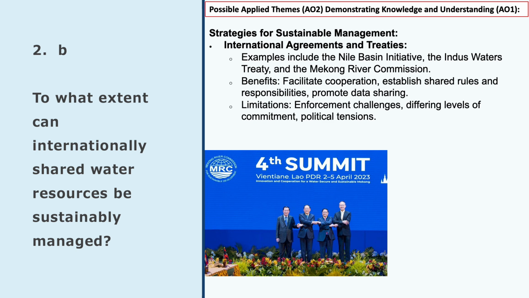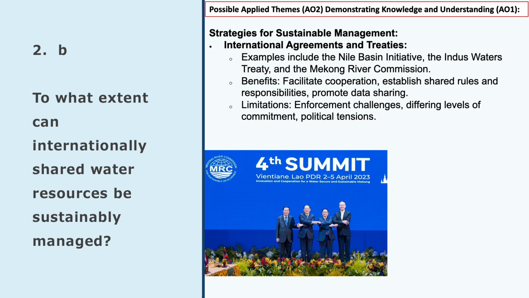Maybe Vietnam has a lot of stake in these discussions about the Mekong River health because it's at the very bottom of the basin, so it's affected by everything that happens upstream. Whereas a country like China is perhaps not as invested in what happens downstream because of its different geographical position. And some political tensions between countries might also be a source of limitation.